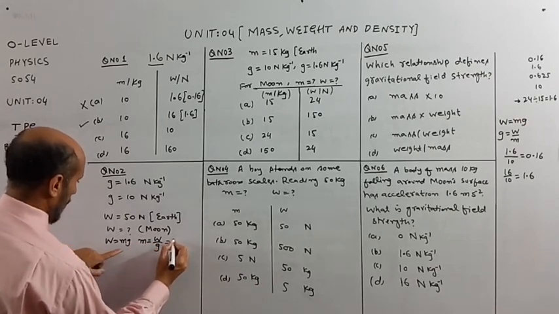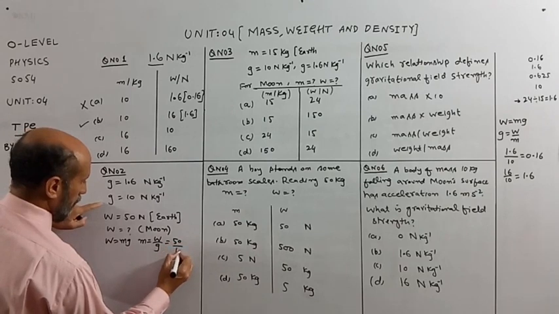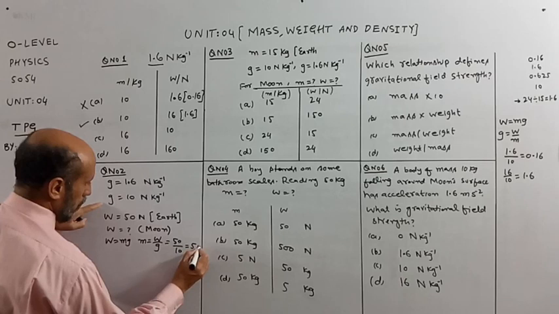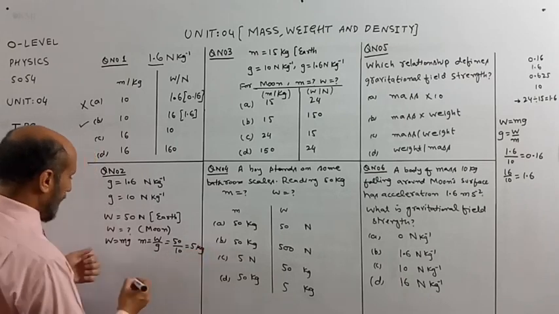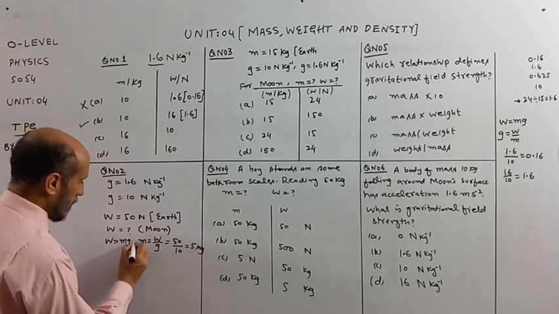Value of weight was given, 50. Value of g was given, 10. So what is the value of mass on the surface of Earth?